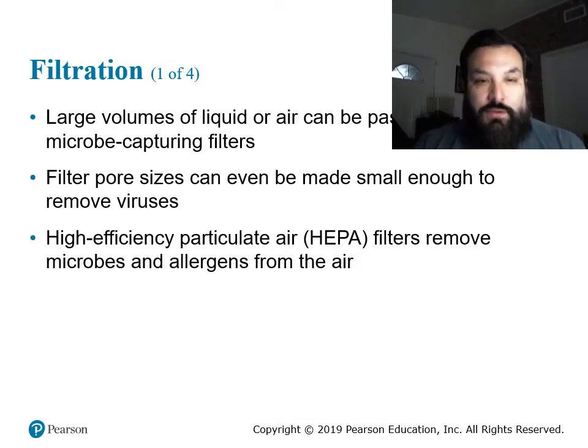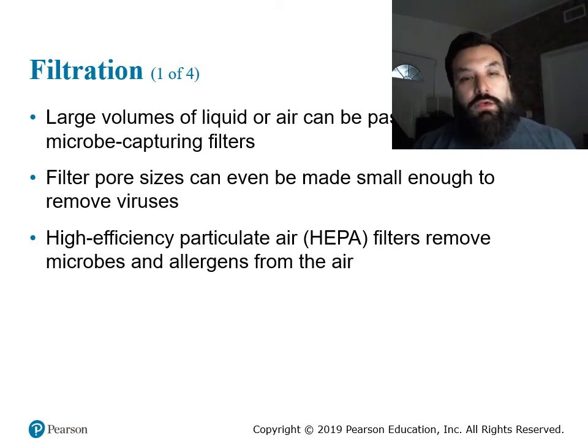Filtration. Filtration is using filters to send either air or liquid through to filter out any organisms, right? There are some filters out there, both that filter liquid and air, that are so small that they can even filter out viruses. We use one, for example, in a hospital setting that we call a HEPA filter.